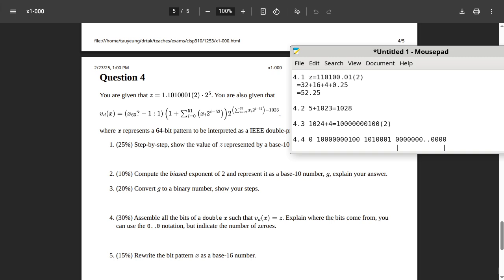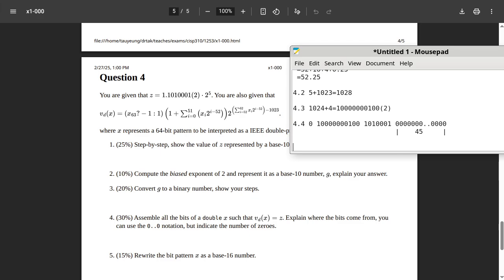So this is 1 bit, there are 11 over here, and so together there are 12, 13, 14, 15, 16, 17, 18, 19. So we have 64 minus 19, which is 45 bits. Okay, thank you. So there are 45 zeros within that range.